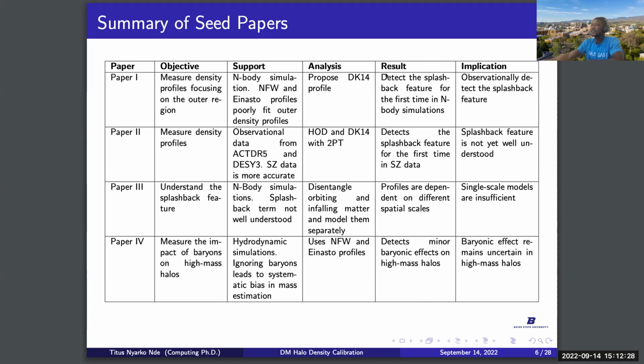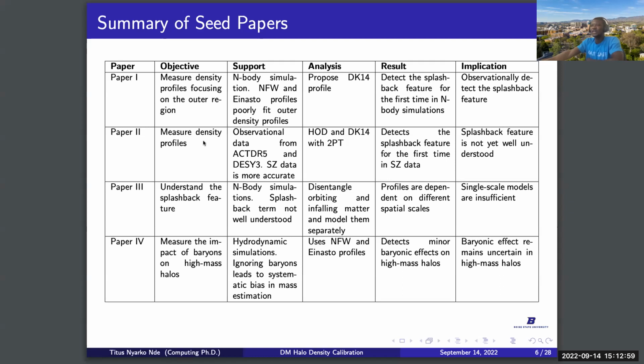And for the first time, they detected that there is a feature separating the inner region of the halo from the outer region. We call it the splashback feature, which I will show you in some slides from now. Since this feature is detected in simulation, we should be able to detect the same feature in observational data as well.